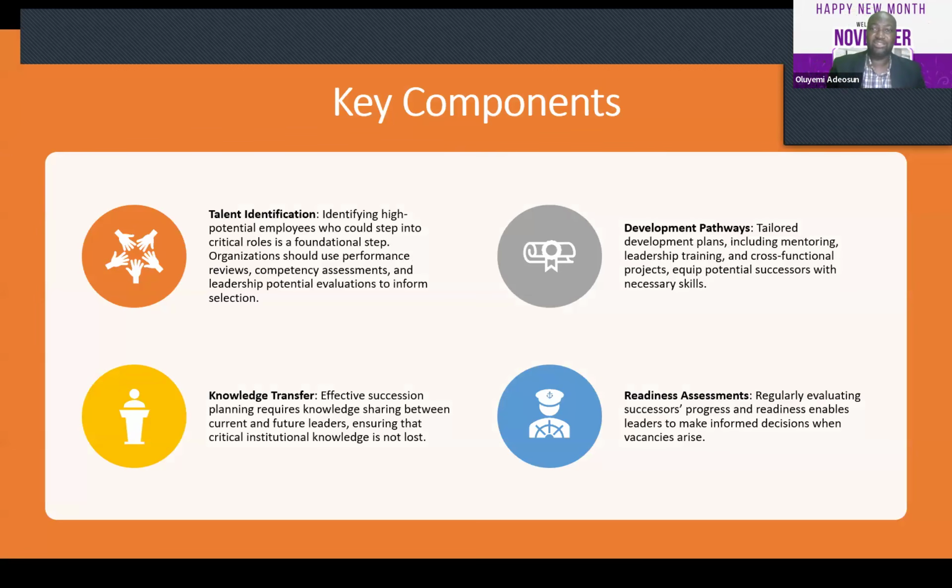So talent identification is very key. Having developmental pathways is very key. I'll show us that in a bit. Knowledge transfer is very key. Anybody that we are trying to groom and prepare for a role must be able to absorb knowledge and information, and retain it. And then you create a climate, an environment that other people will begin to try to transfer knowledge to them.